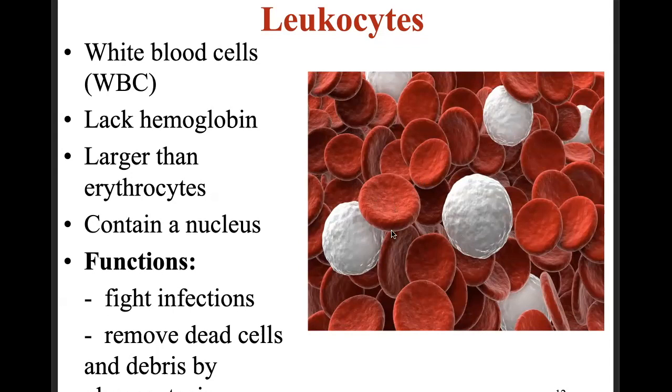A while ago we said that your red blood cells lose their nucleus during production or growth, while your WBCs contain a nucleus. The main function of these is to fight infections. They remove dead cells and debris by phagocytosis. You still remember phagocytosis, engulfing or ingesting dead cells.